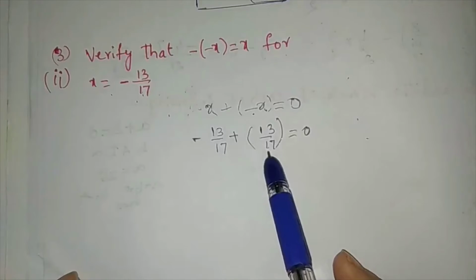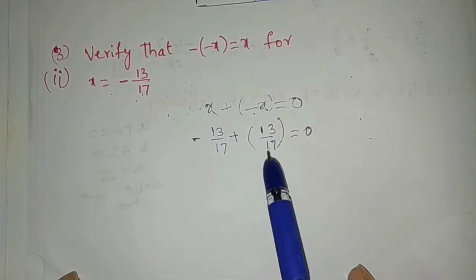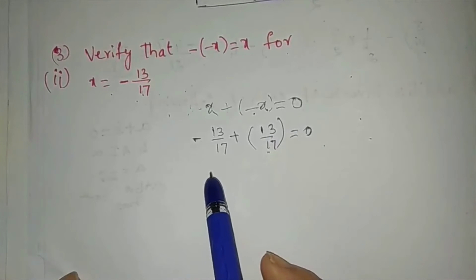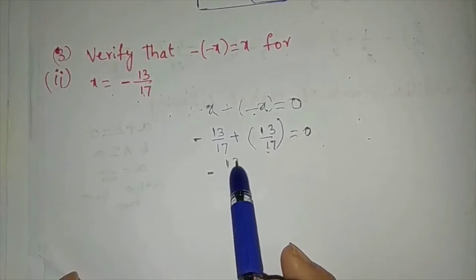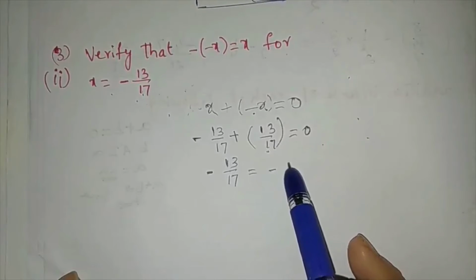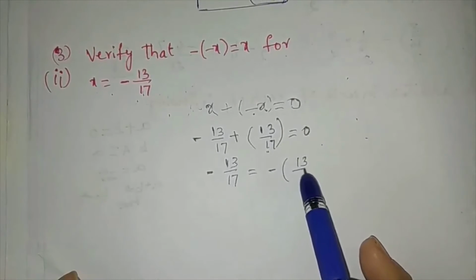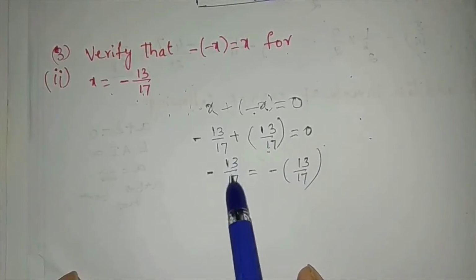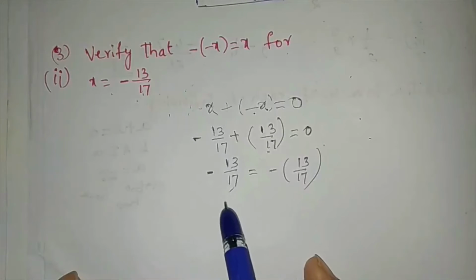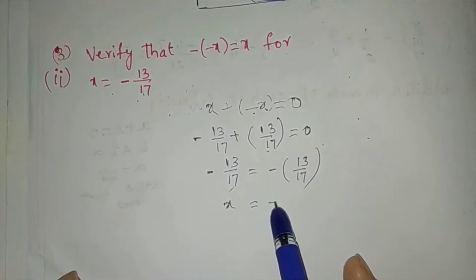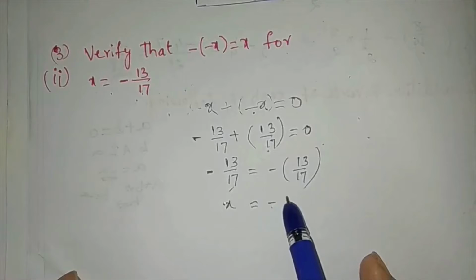Let's transpose this 13 by 17 to the RHS. So minus 13 by 17 is equal to minus of 13 by 17. Minus 13 by 17 is our x, and we write the negative sign as it is.